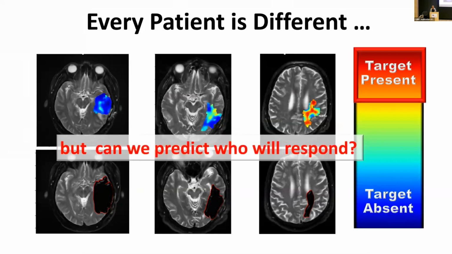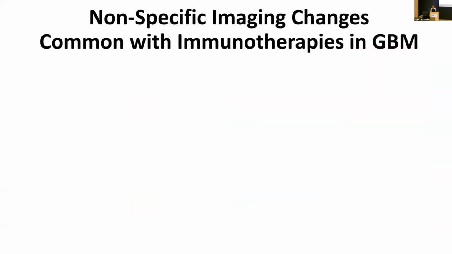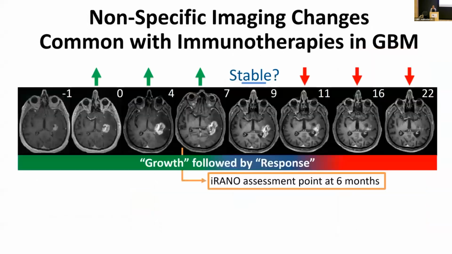If we had known ahead of time using these models that the target was present, in this case an EGFR targeted therapy, but I can fill in the blanks with anything, you would have known that the patient on the right was the one expected to get the most bang for their buck from that therapy. And so we're building this out in partnership with a lot of clinical trials to make this a manageable workflow.